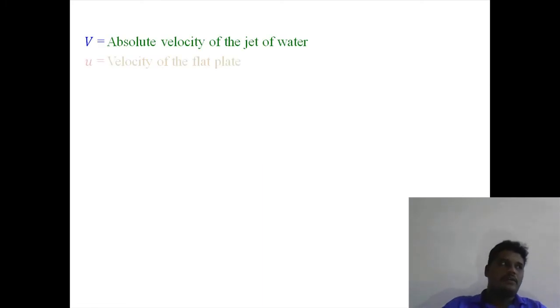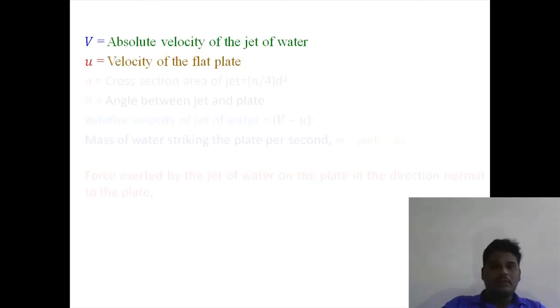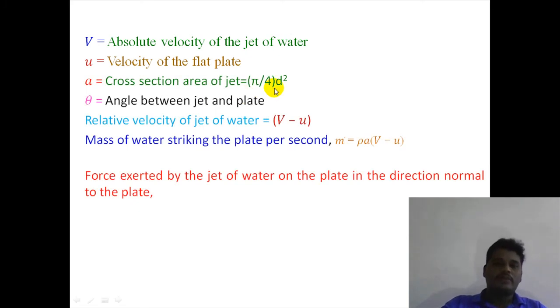v is the absolute velocity of the jet of water, u is the velocity of the flat plate, A is the cross-section of the jet, which is pi by 4 d square, and theta is the angle between the jet and the plate. The relative velocity of water is v minus u. The mass of water striking per second is rho A multiplied by (v minus u). The force exerted by the jet of water in the direction normal to the plate is Fn, which equals mass per time multiplied by initial velocity minus final velocity.